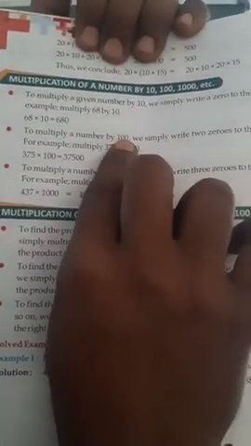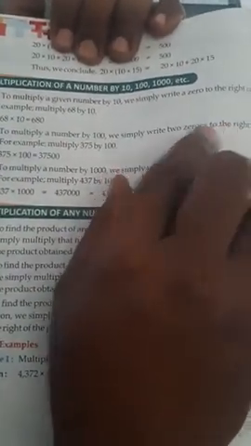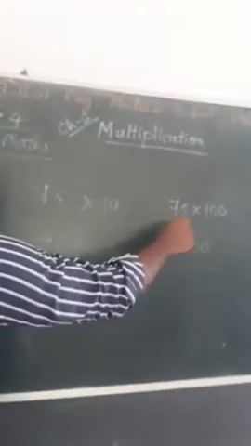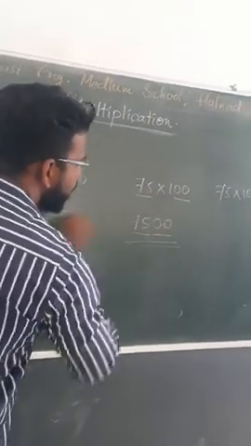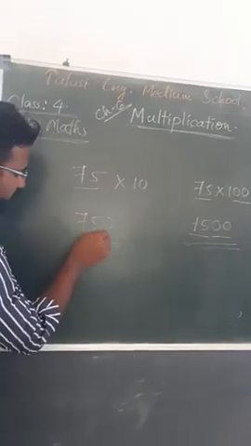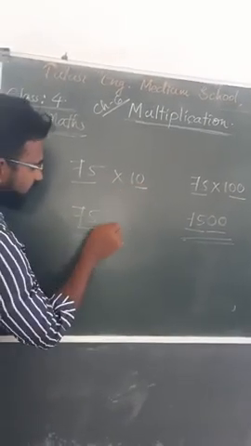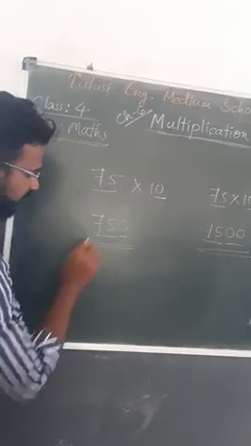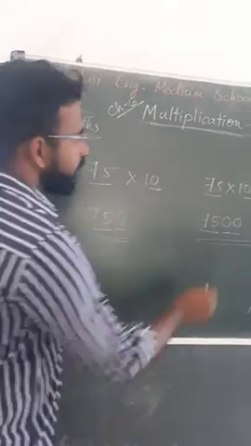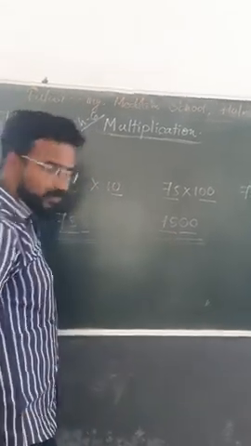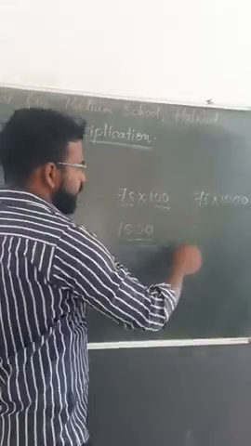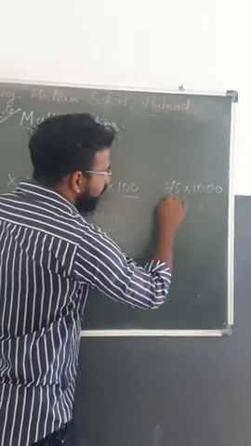Because in 100 two zeros are there, so we have to place two zeros on the right side of that number. 75, this zero we place here. It becomes 750. 75 as it is, two zeros, so 7,500. In case of 1000, 75 by 1000.